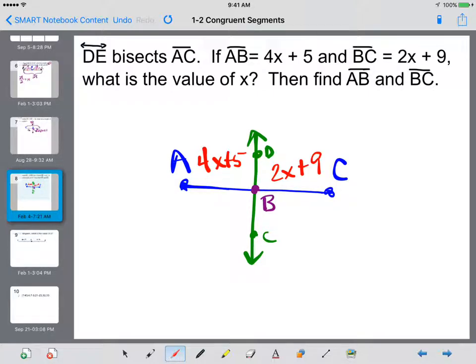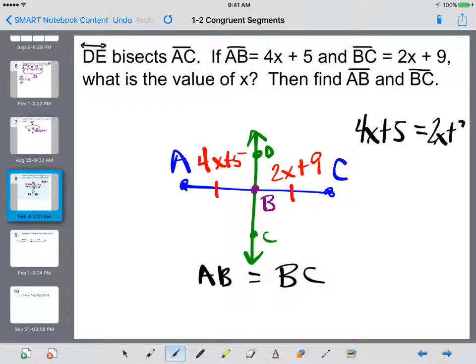Well, if line DE cuts the segment in half, we have two equal segments. Therefore, I can set AB equal to BC. So I take that expression, 4x plus 5, and set it equal to 2x plus 9 and solve this for x.